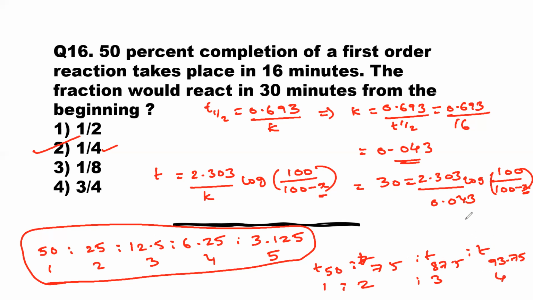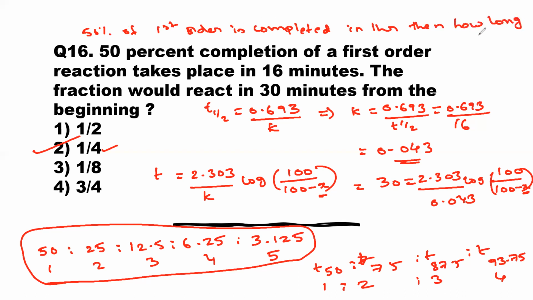So for example, if 50% of a first order reaction is completed in 1 hour, then how long will it take to complete 93.75%? I'm writing another question for your understanding.